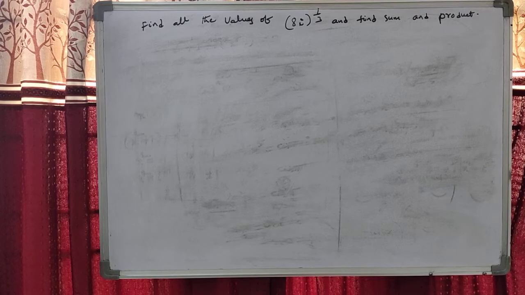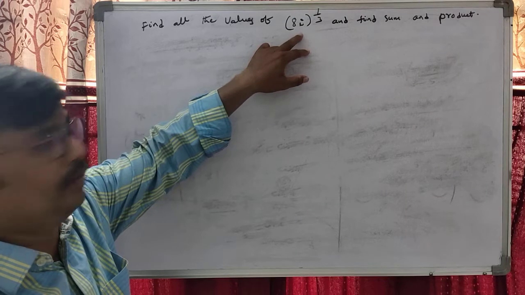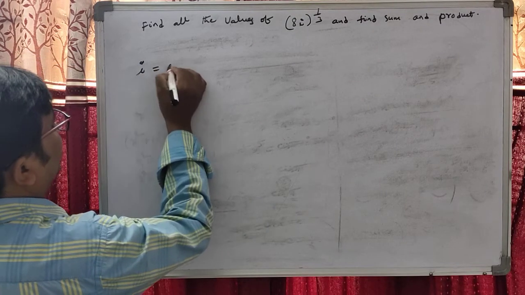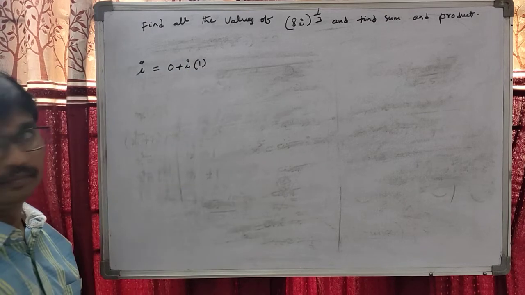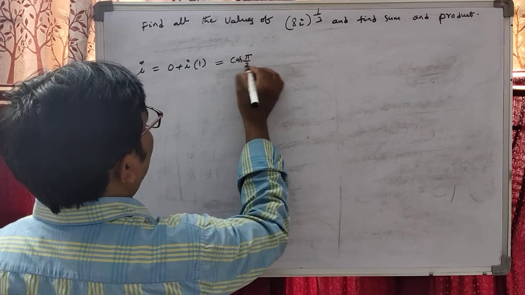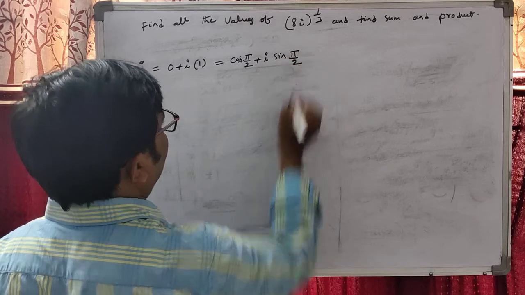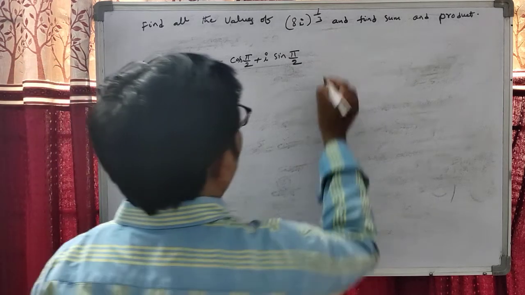So, students, find the value of 8i whole power 1 by 3. First, students, i can be written as 0 plus i into 1. This we can write as cos 90 plus i sin 90, that is 0 plus i into 1, cos 90 plus i sin 90.